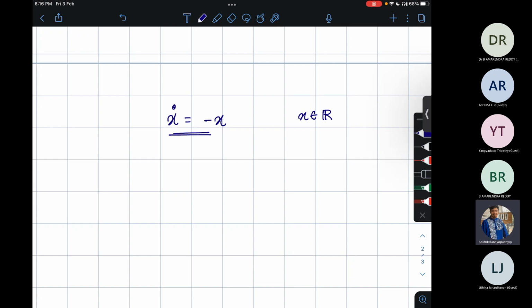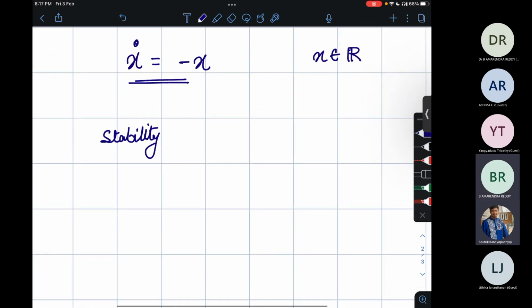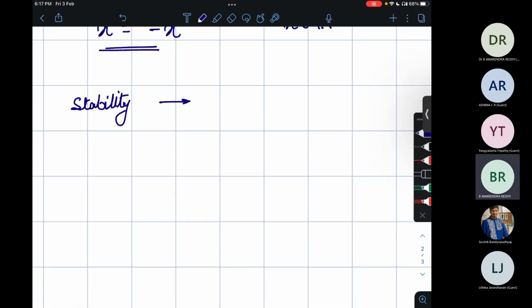Okay. So when I ask this stability question, the first question in your mind must be: stable about where, right? I hadn't mentioned that point. It is about the equilibrium point. Now, what is the equilibrium point in this system? Origin, sir.